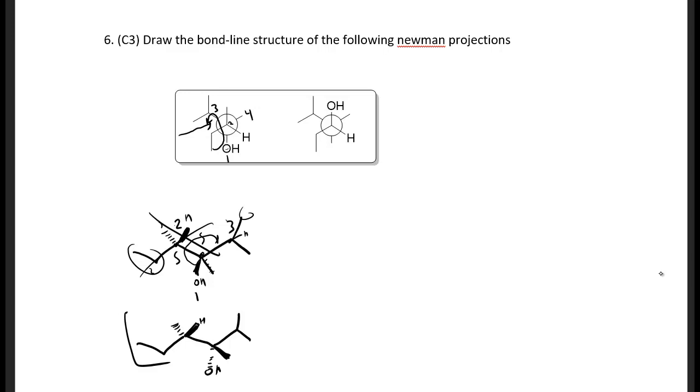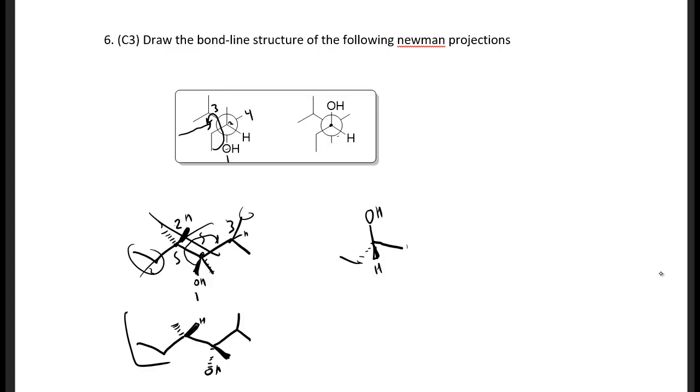This I'm going to actually approach in a different way. So this OH is straight up, and this carbon right here is the front carbon. So that is my OH, that's straight up, and that's the front carbon. This goes then to the next carbon, so that circle carbon is this carbon, and this is attached to an ethyl group, which if I rotate it in the way that I'm showing now, my ethyl group is in the back and my hydrogen is facing towards you.